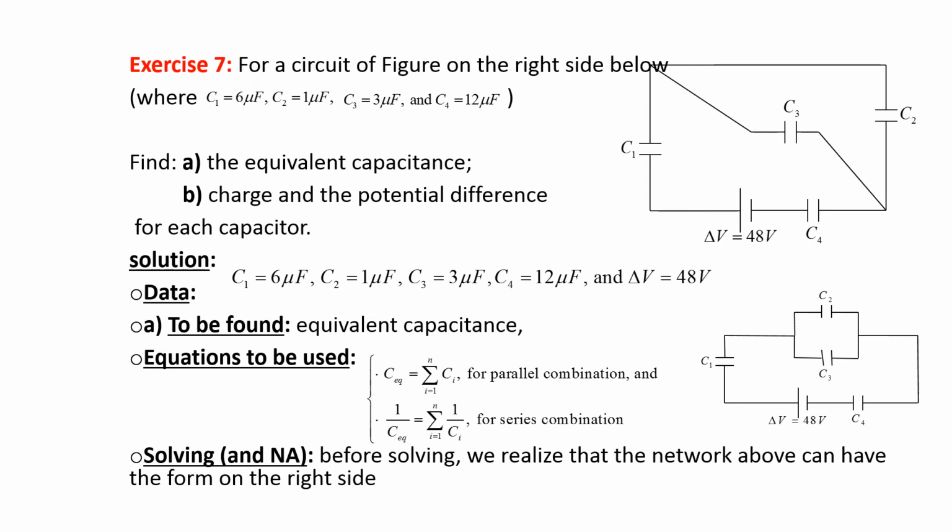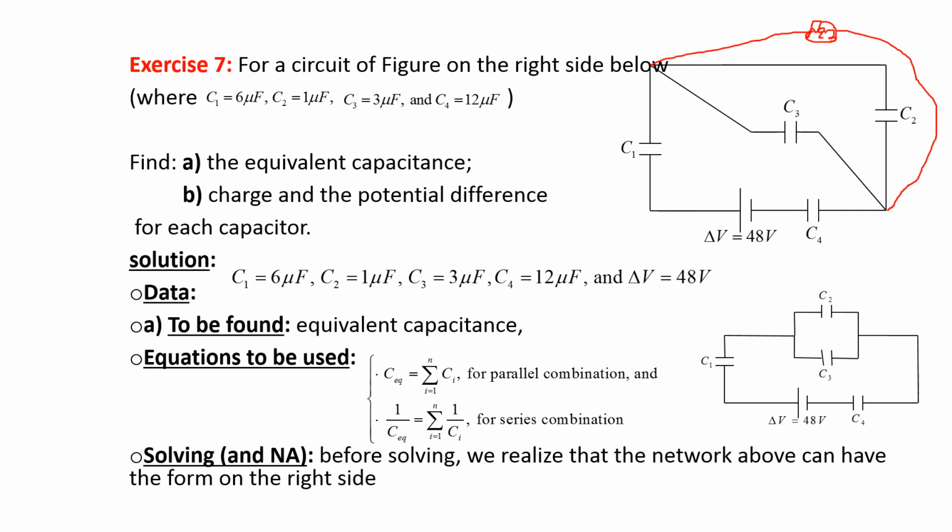Since capacitor C2 and C3 have the same voltage V23 across them, capacitor C2 is in parallel connection with capacitor C3, and their combination will be in series with C1 and C4. Then we first simplify the capacitors in parallel connection.